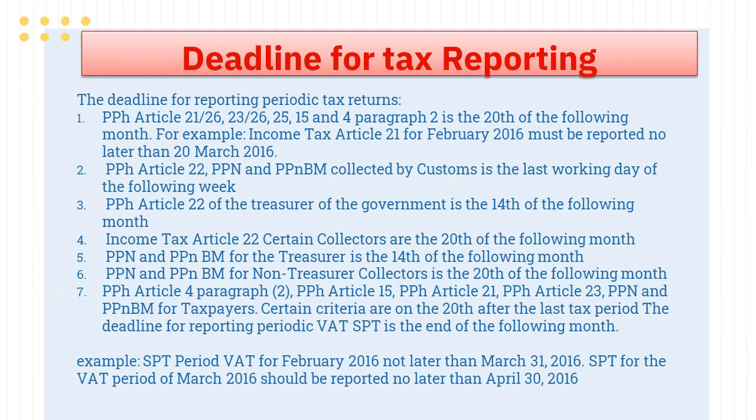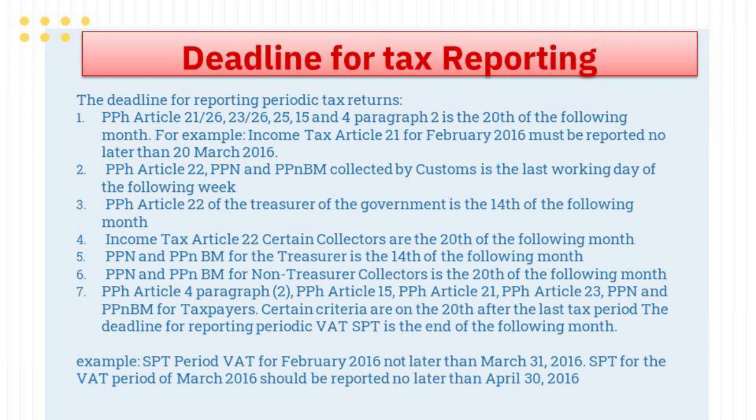The deadline for reporting periodic tax returns. Number 1. PPH Article 21 and/or 26, 23 and/or 26, 25, 15, and for paragraph 2 is the 20th of the following month.